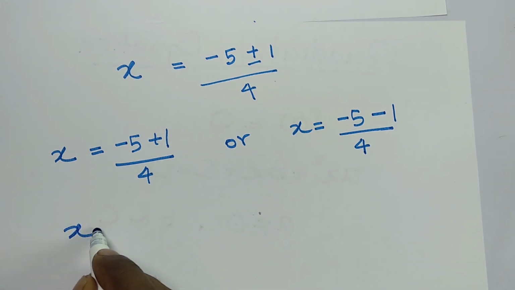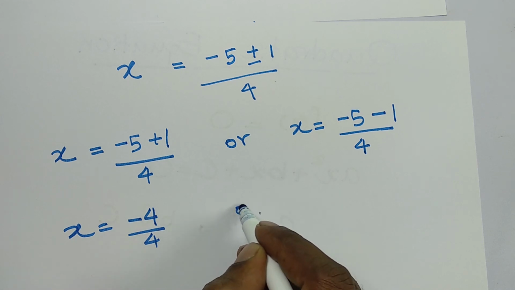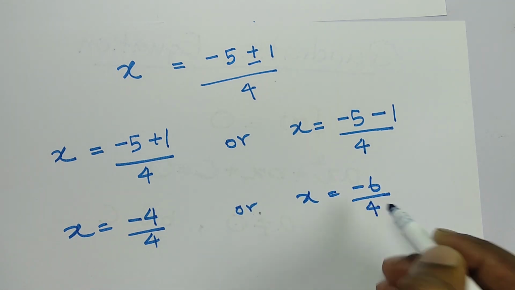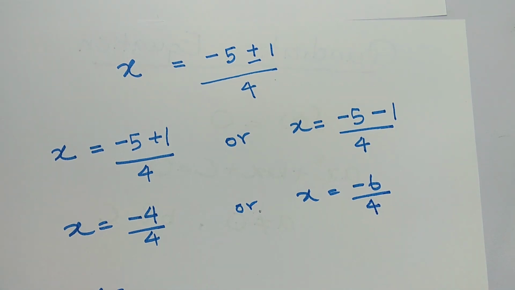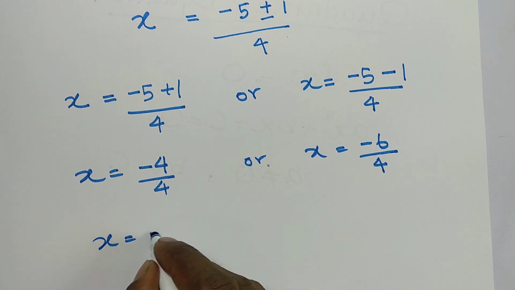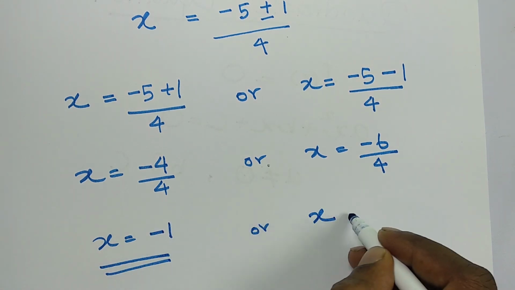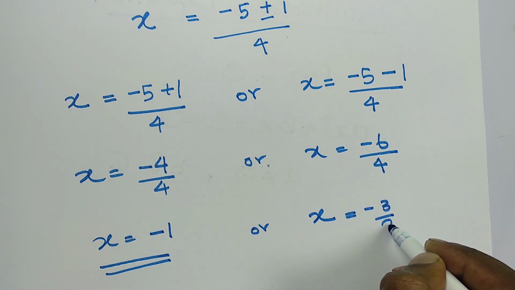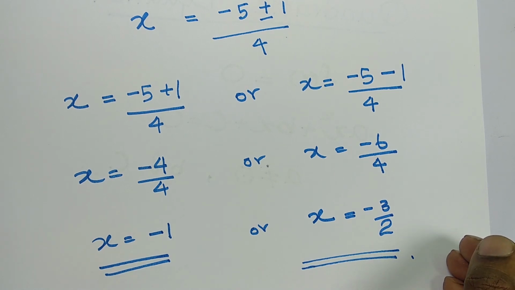This comes as x equals minus 4 over 4, or x equals minus 6 over 4. I can simplify these answers as x equals minus 1 or x equals minus 3 over 2. These are the solutions for the quadratic equation we found before.